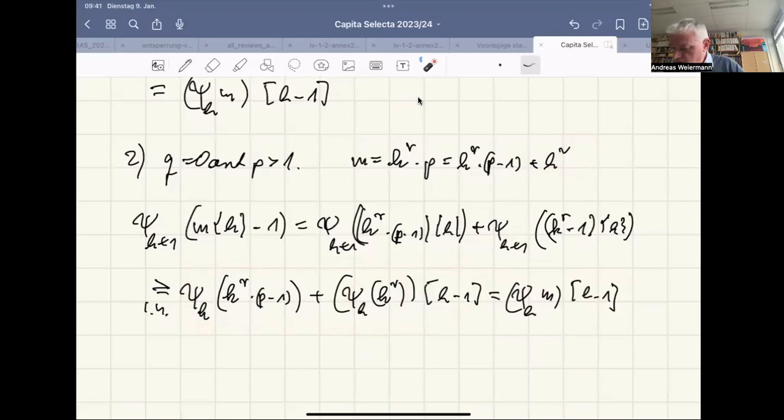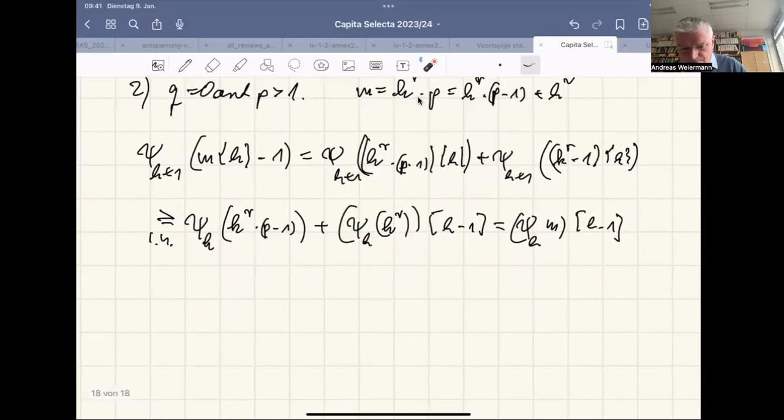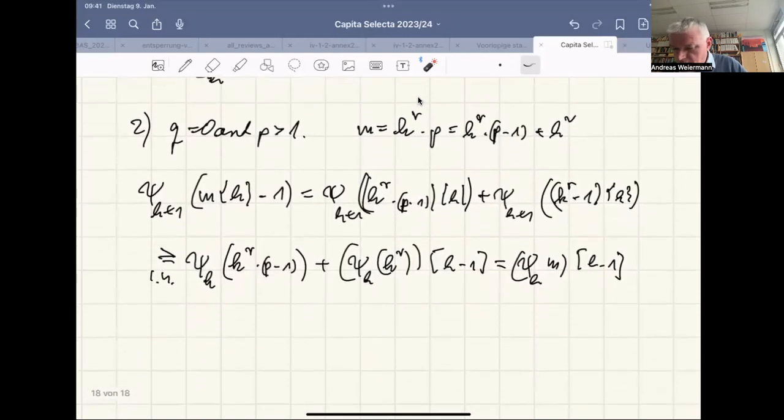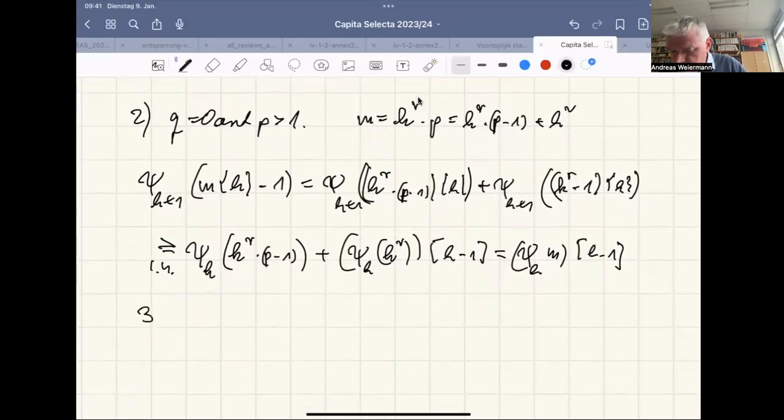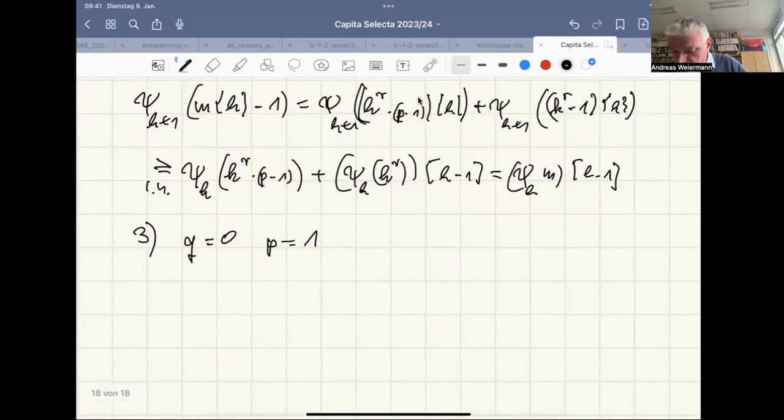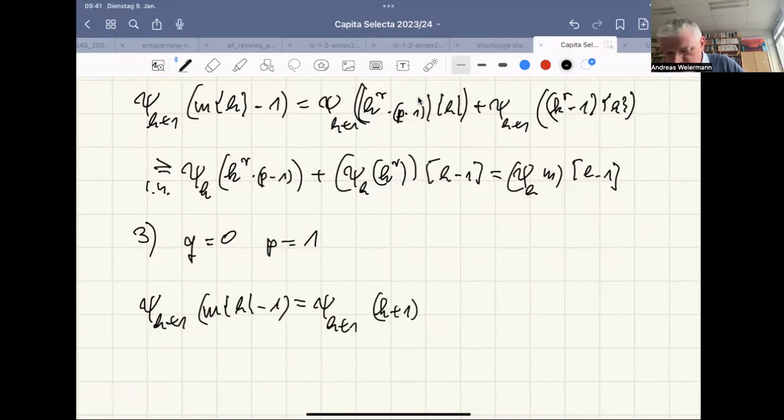This is what is needed here. Okay, now we have seen case 2. Now we have case number 3. Q is 0 and p is equal to 1. Then psi_{k+1} of m_k minus 1 is equal to what? Well, now it's interesting. So we carry out the definition.